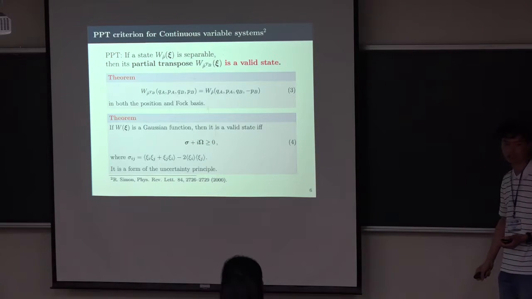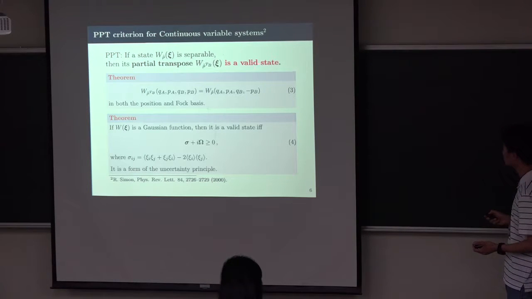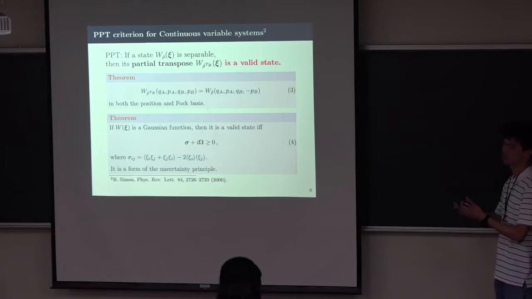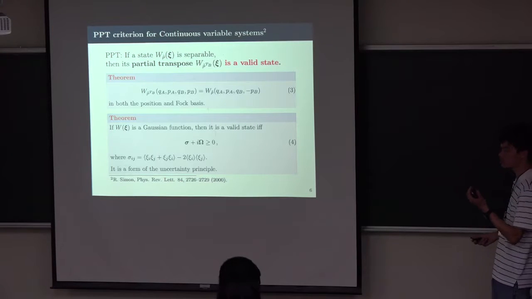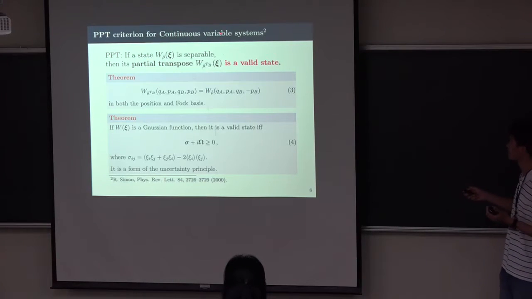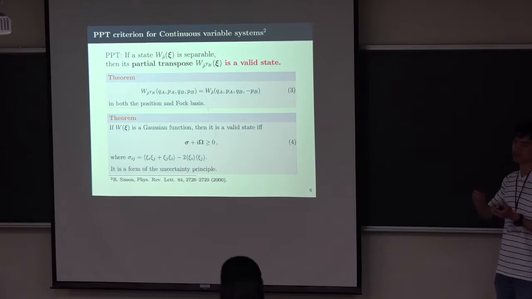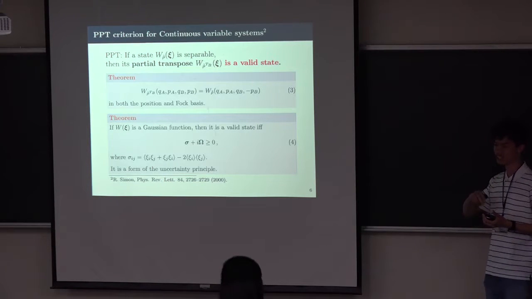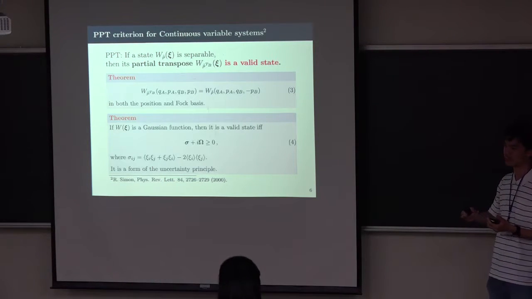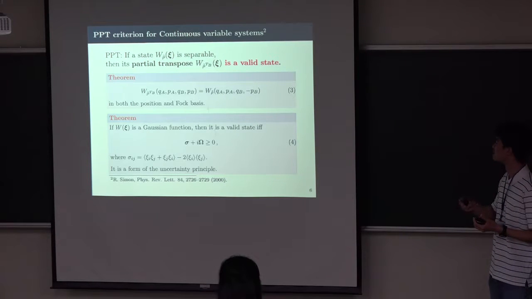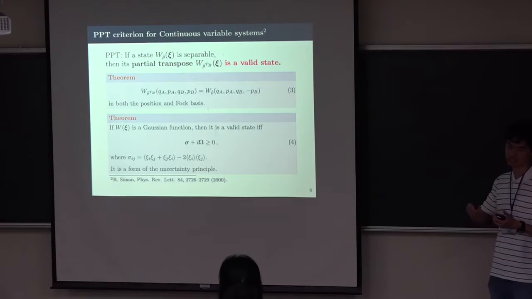Sorry, what do you mean by valid state? A valid state is a Wigner function of a quantum state. Because in the PPT criterion, the condition is that the partial transpose is positive semi-definite. Of course the partial transpose is Hermitian and trace one.